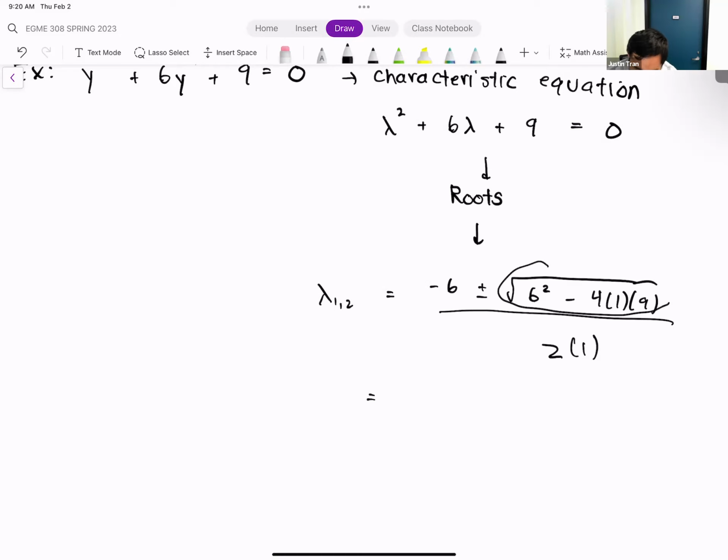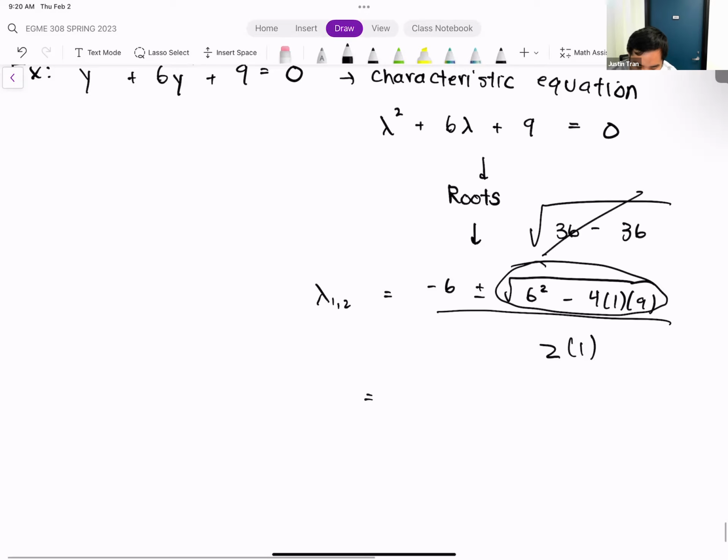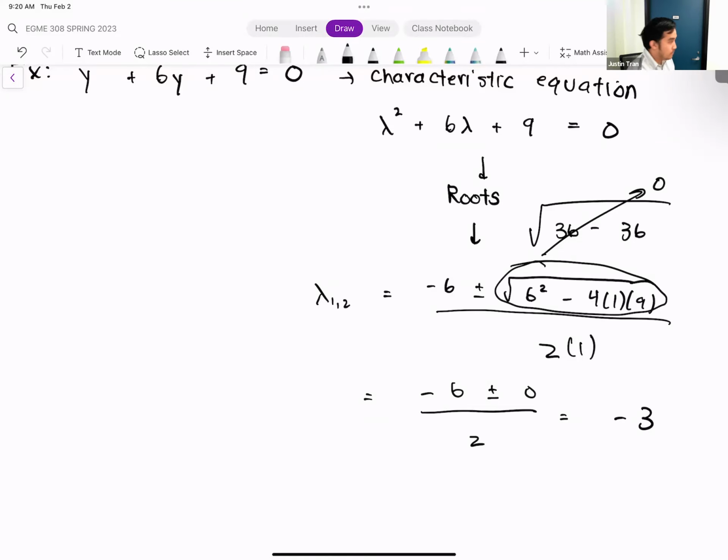Let's take a look at what's underneath the radical first. 6 squared is 36, minus 4 times 1 times 9. 4 times 9 is 36. So we know this is going to be 0. And so lambda 1, lambda 2 here is minus 6 plus or minus 0, over 2. So we have just minus 3. Because the quantity under the radical was 0, we end up with a double root.